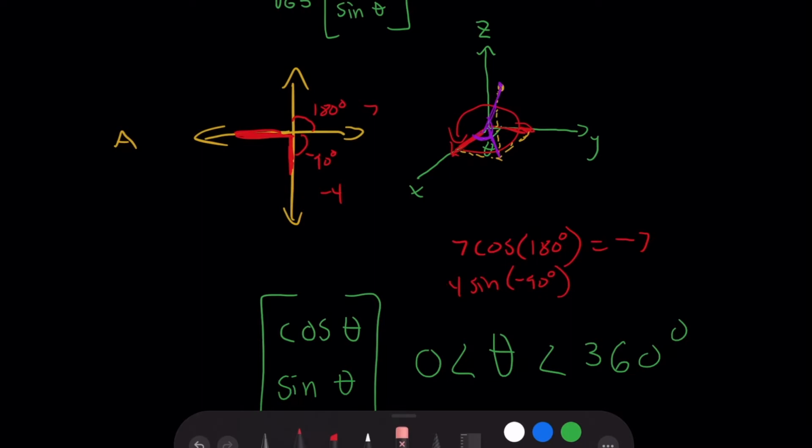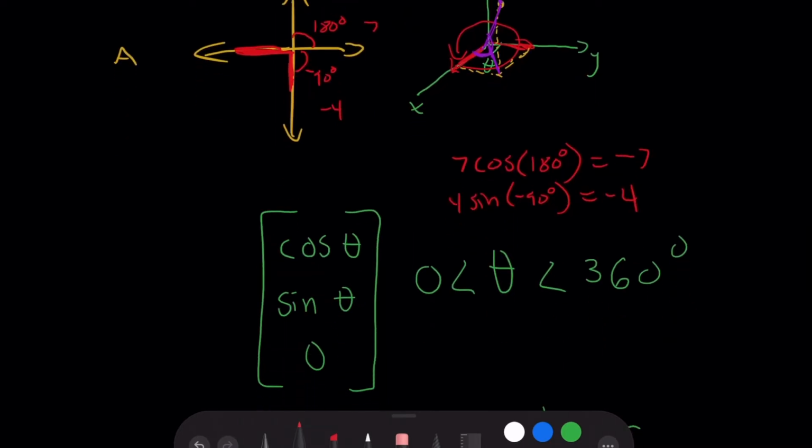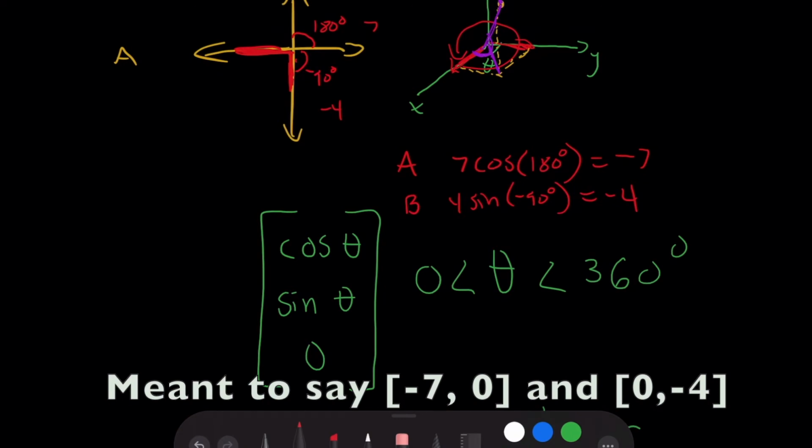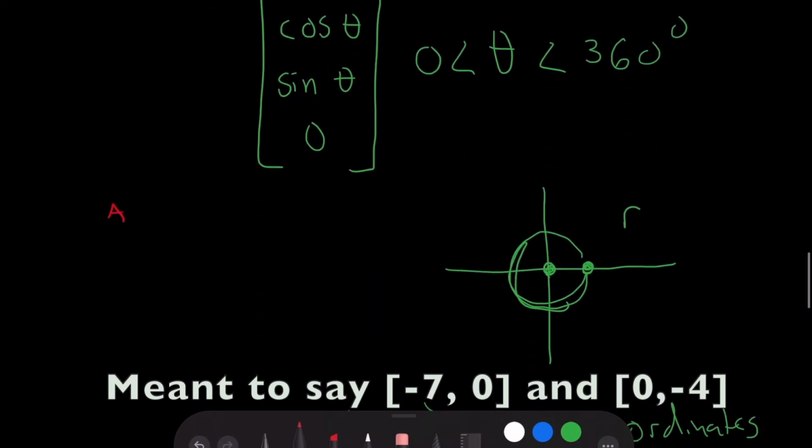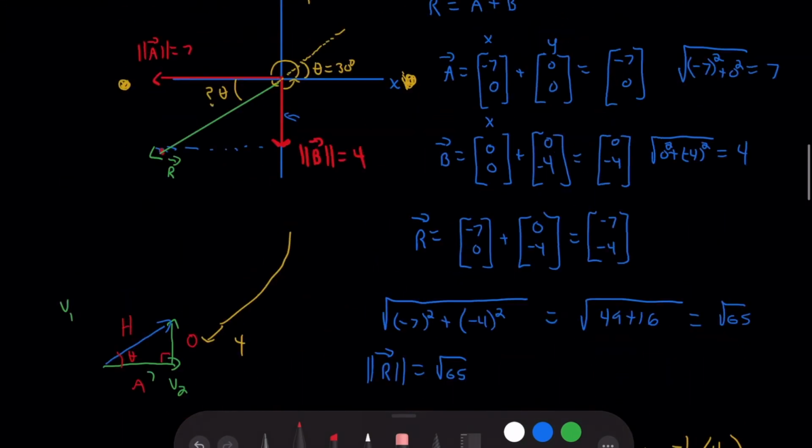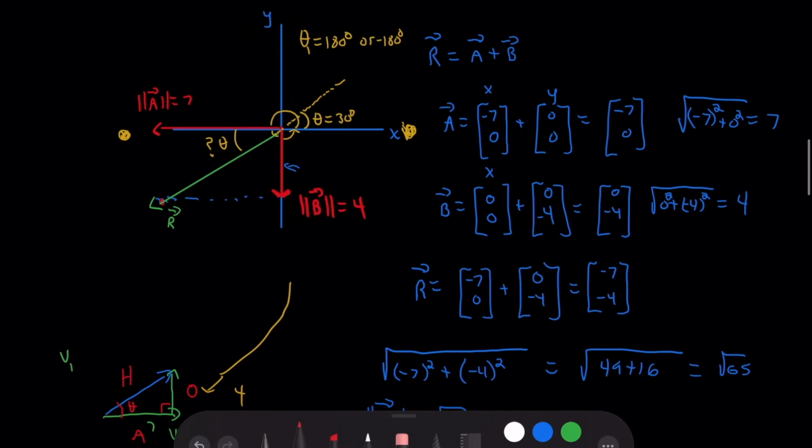I'm sorry, that'd be 4 sine of -90 degrees, which would be -4. And again, this was vector A, this was vector B, but A was made up of these here.